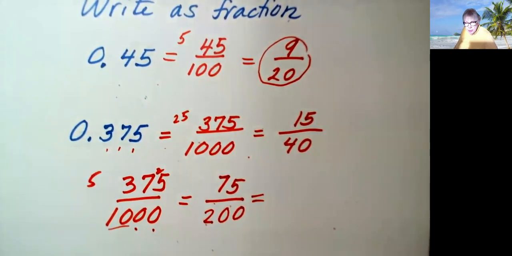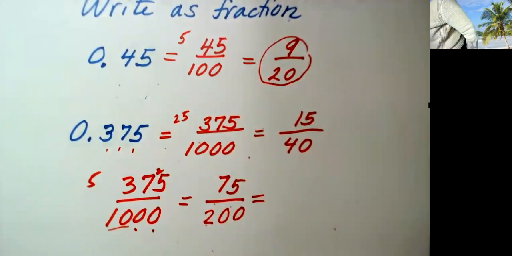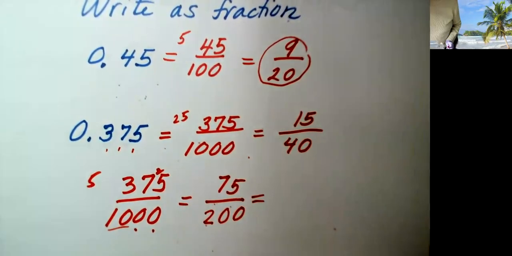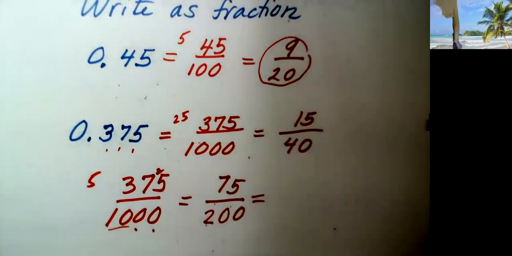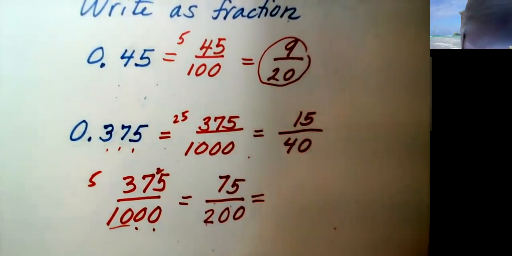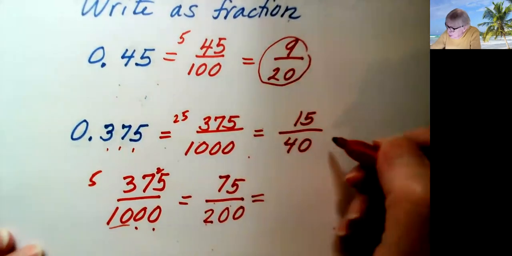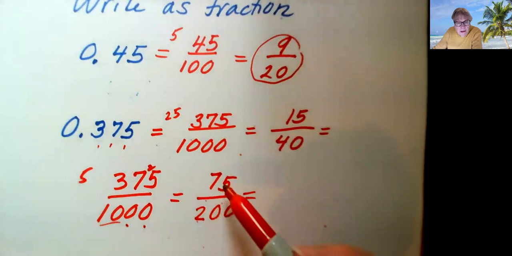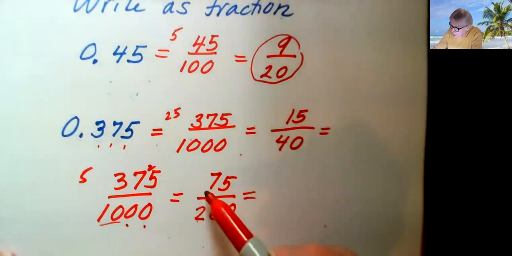So if that's our case, we could either divide by 5 again, or we could, at this point, feel like we could divide by 25. Either way, both of these answers are going to come out the same. I'm going to keep dividing by 5 on this one in case that seems to be the only way.